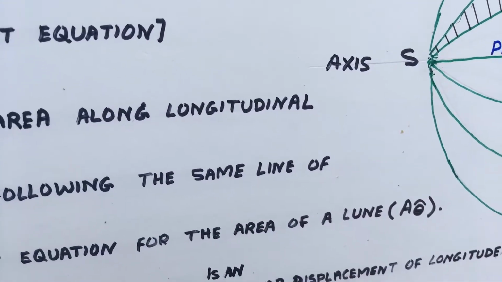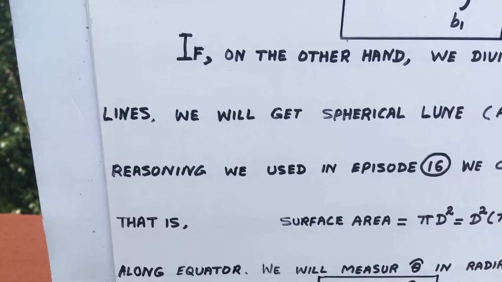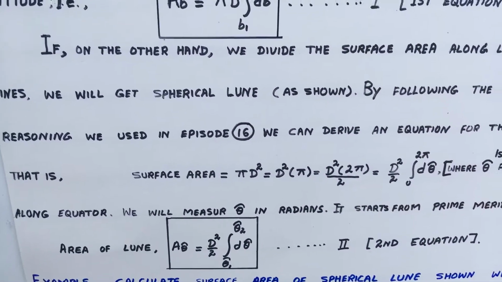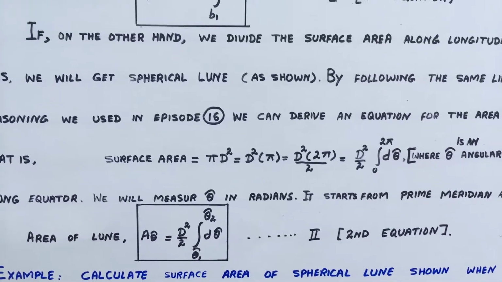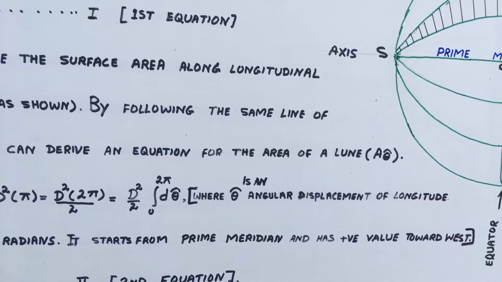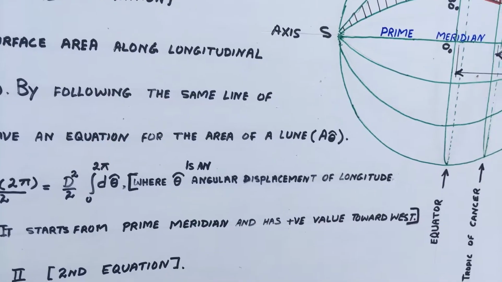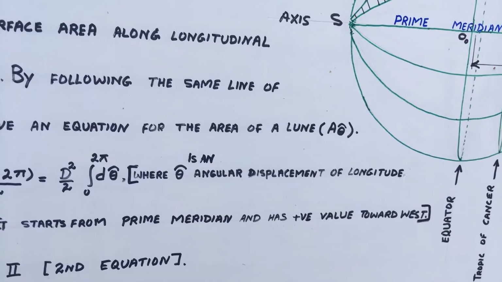By following the same line of reasoning we used in episode 16, we can derive an equation for the area of a lune, which I represented with a theta cap.